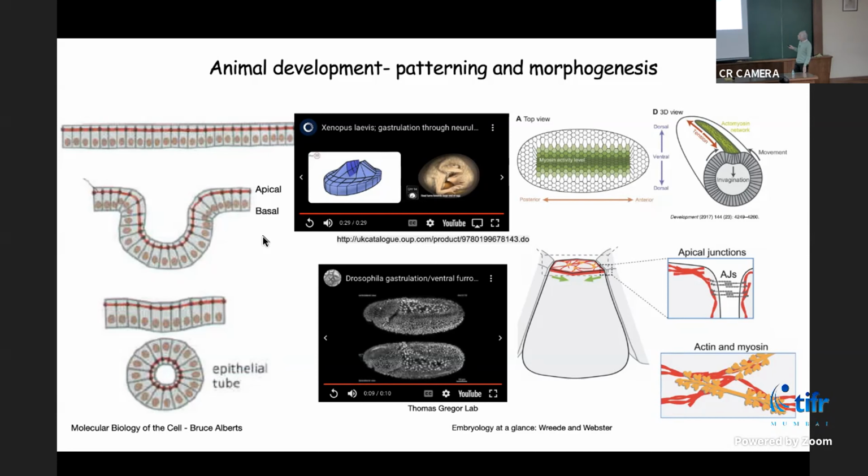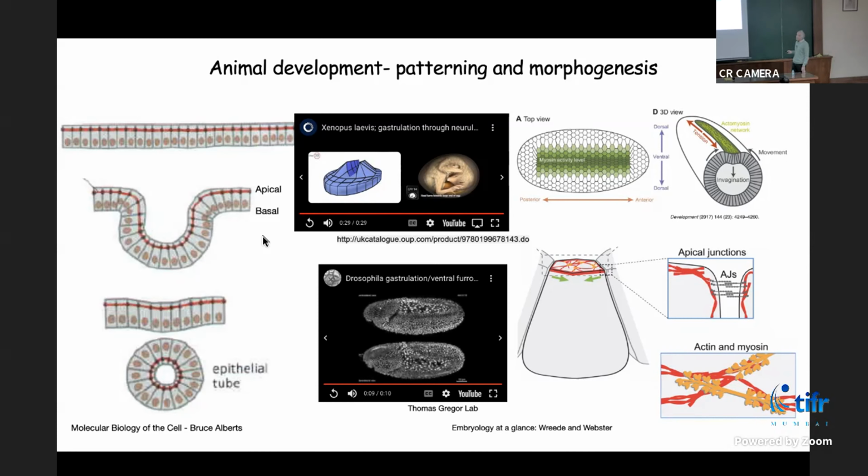If you now play with the machinery that is important for constriction of these cells, then these morphogenetic events are majorly disrupted, giving rise to phenotypes like an open neural tube, as one example.